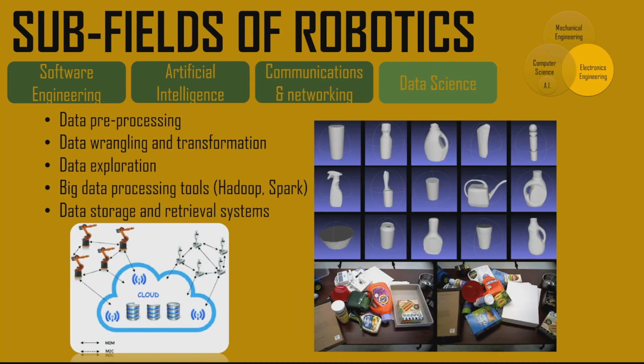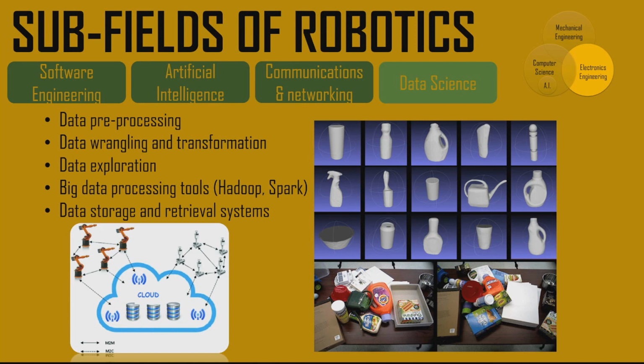And then, as I mentioned, for an artificial intelligence problem, data is of profound importance, and here data science as a separate category has been mentioned, because data pre-processing, data wrangling and transformation, data exploration, and using separate big data processing tools like Hadoop and Spark would fall under this category.